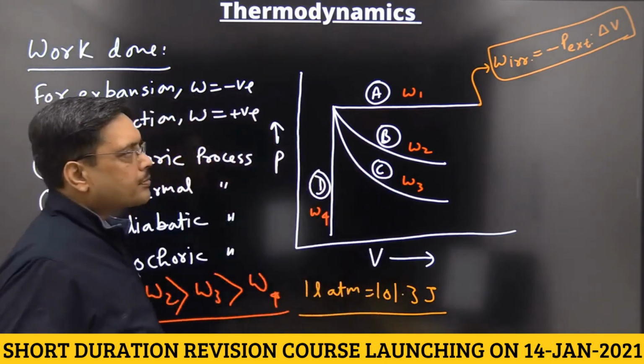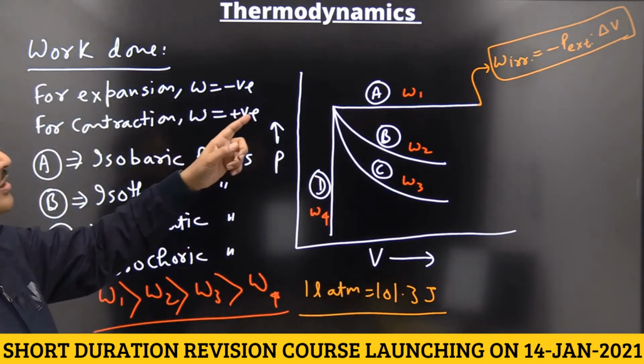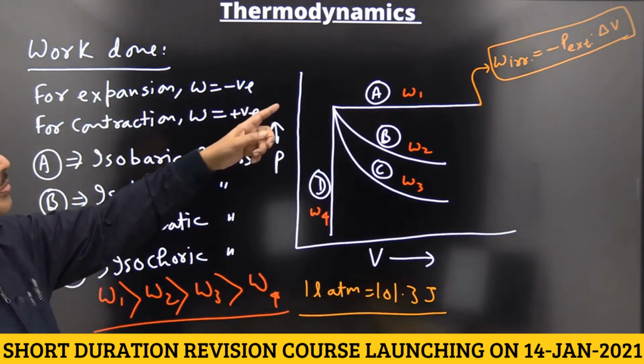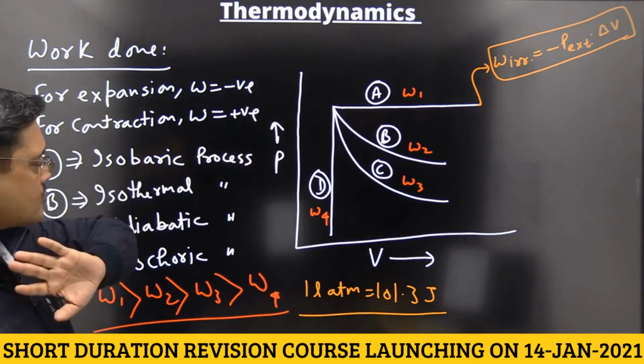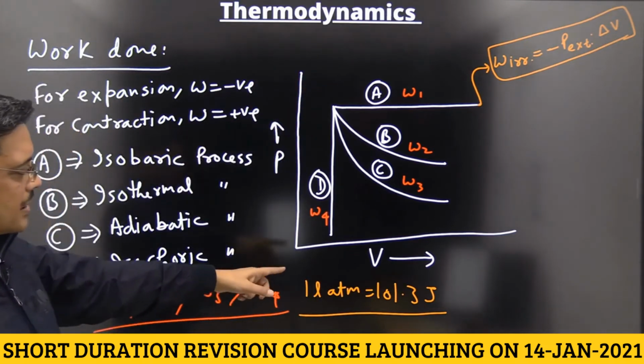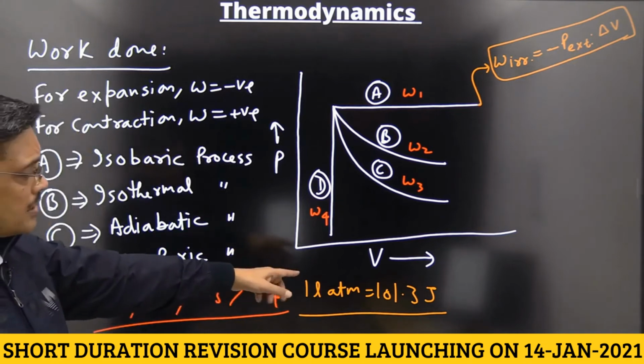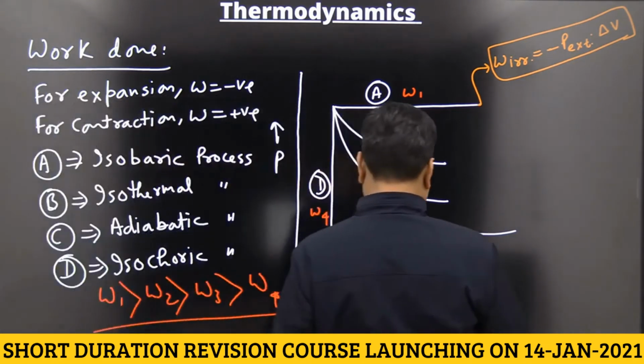So in the isobaric process only an irreversible process is possible, and it can be calculated by this formula, and it can be converted into joule by using this conversion.